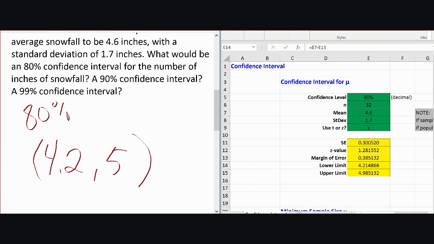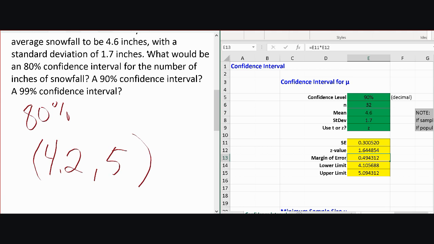Now, what do you think will happen when we change the confidence level to 90%, to 99%? Everything else is going to stay the same. We have the same number of samples, the same average, the same standard deviation. What do you think will happen when we change our confidence level to 90%? Let's find out. Take a look.